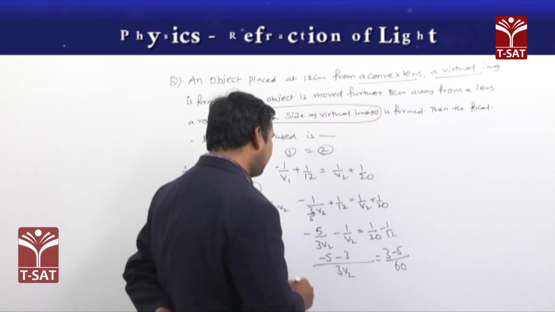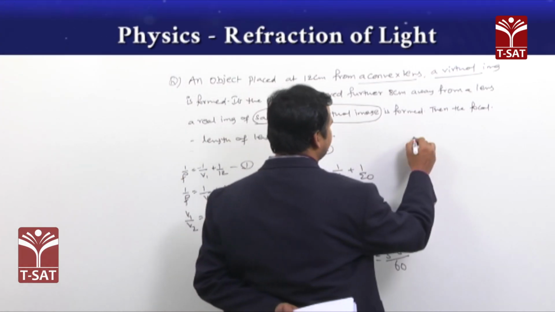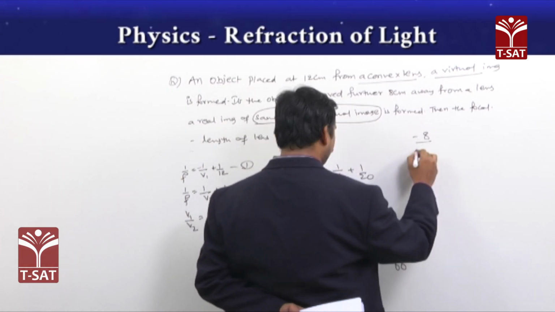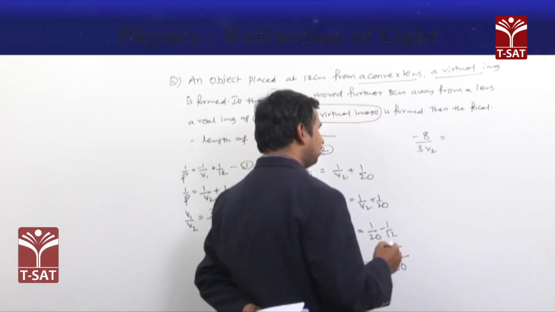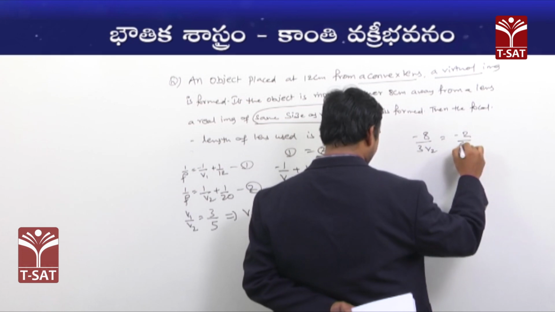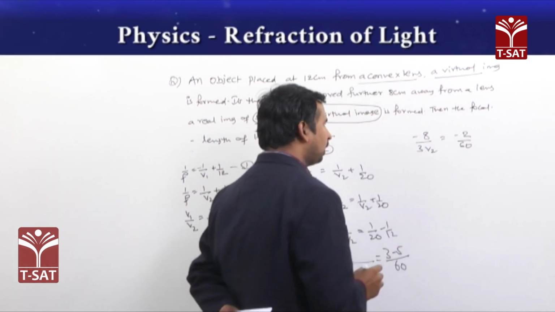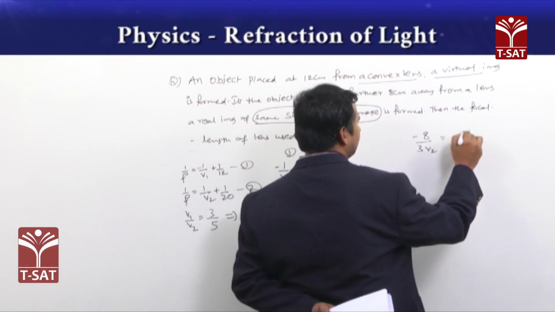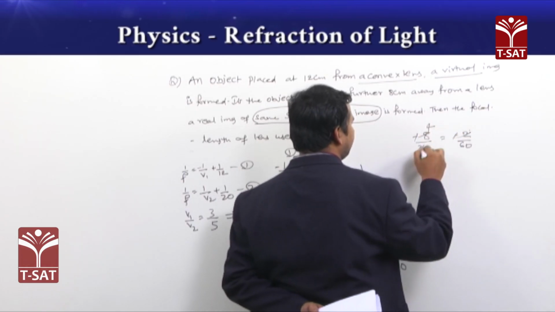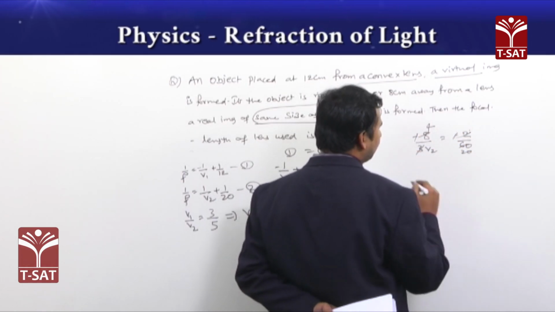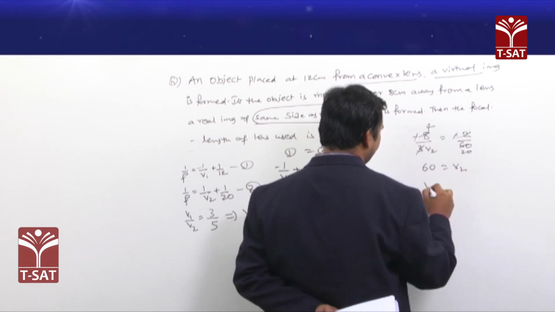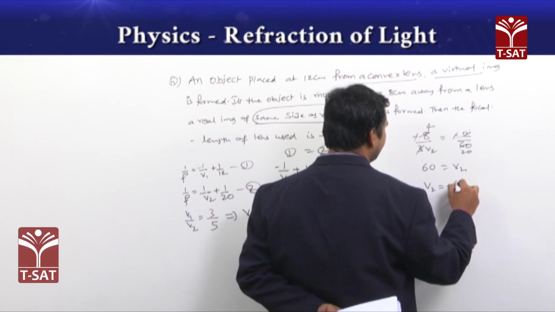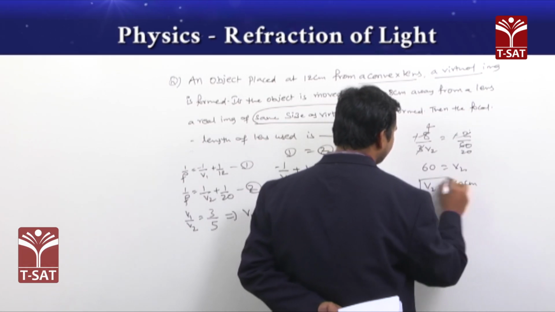Finally we got minus 5 minus 3, which is minus 8 by 3V2, equal to 3 minus 5, which is minus 2 by 60. The minus cancels and the 3 cancels. Cross multiplying, 20 into 4, that is 60, is equal to V2. So V2 is plus 60 centimeters.